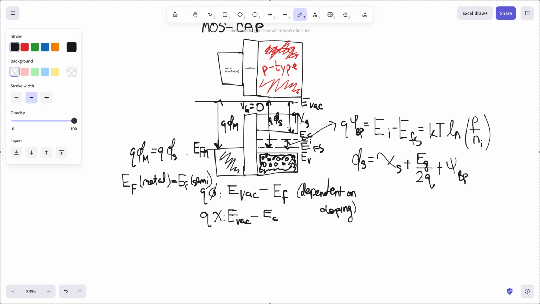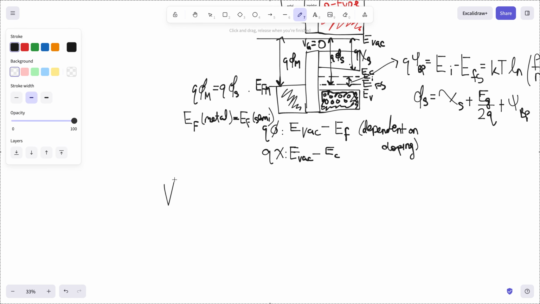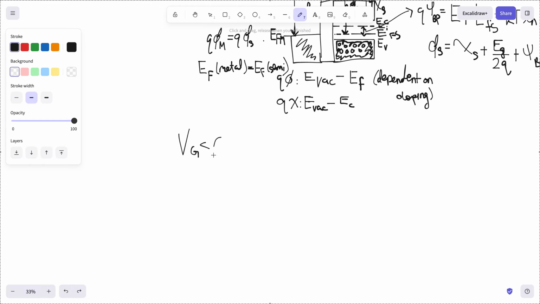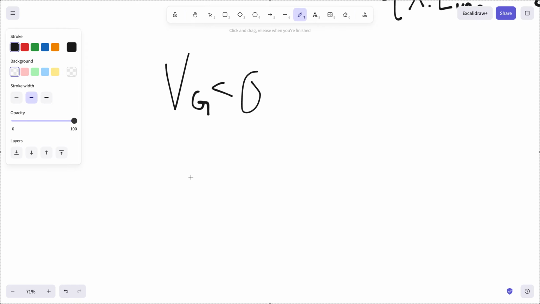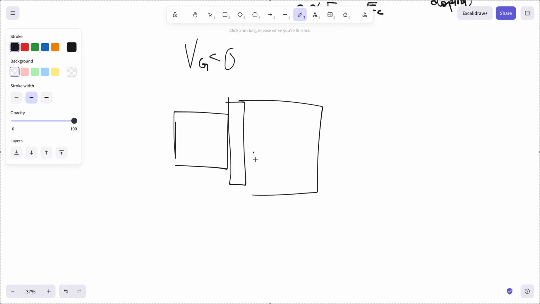Great. So now that we understand what V sub G is and the key properties of a MOSCAP, we're going to see what happens when we apply various voltages to it. Suppose we apply a voltage, V sub G less than 0. We have our metal, our insulator, our p-type.